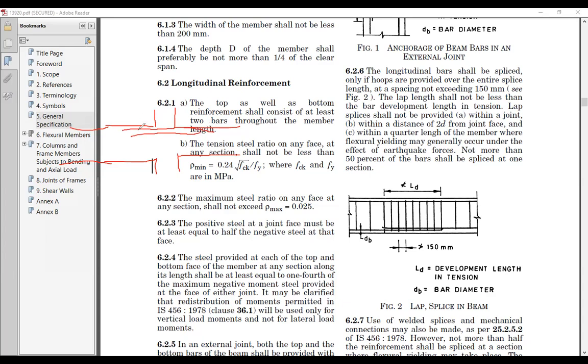Okay, this is 2 bars, this is 2 bars. And here it is telling me only 2 bars of 16 requirement as per the design.